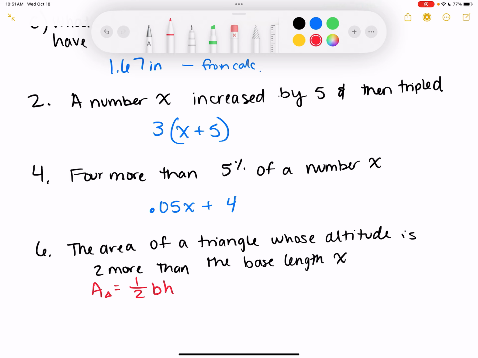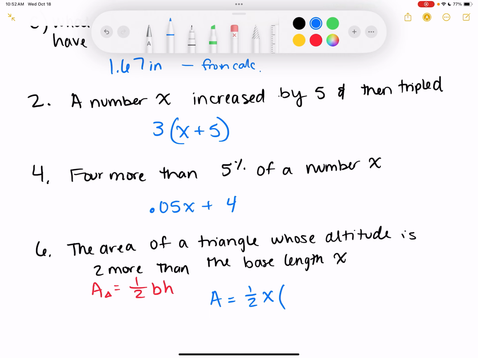Now, it says the altitude is 2 more than the base length. Okay, so what I'm going to do with this one is area is equal to 1/2. Base length is x, so I'm going to replace b in that formula with x, times the height, aka altitude, is 2 more than the base length x.